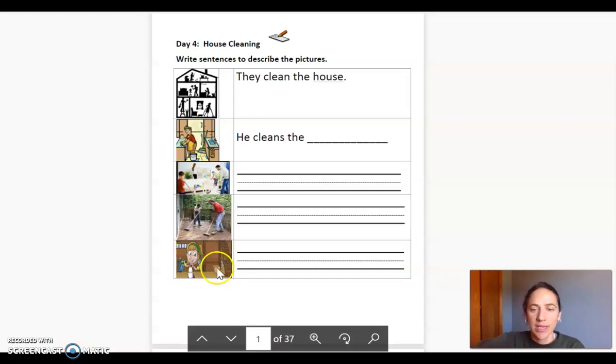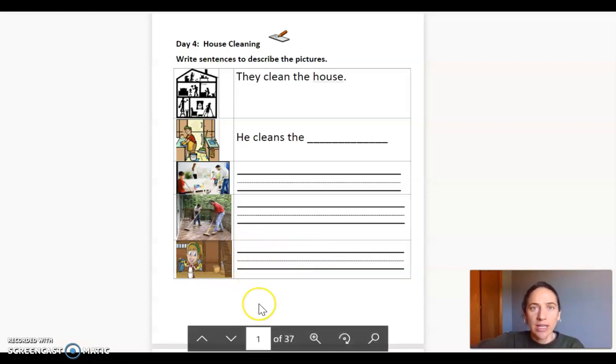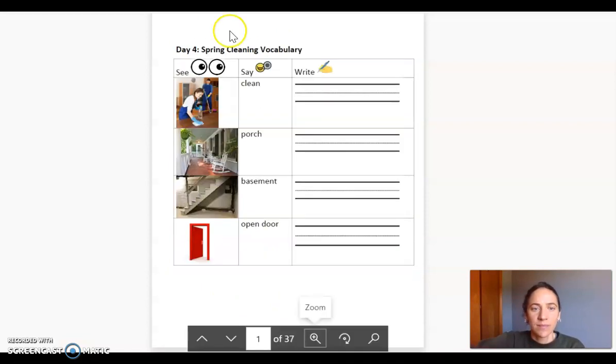Now let's do our last picture. Who do you see? I see one girl. I will say she cleans. Where is she cleaning? Yes, the basement.